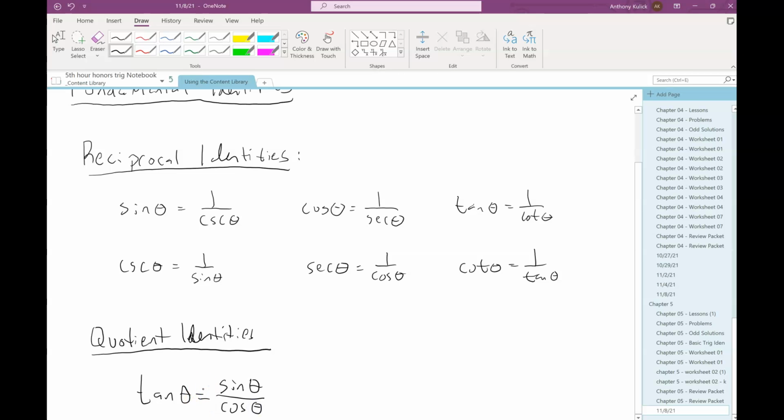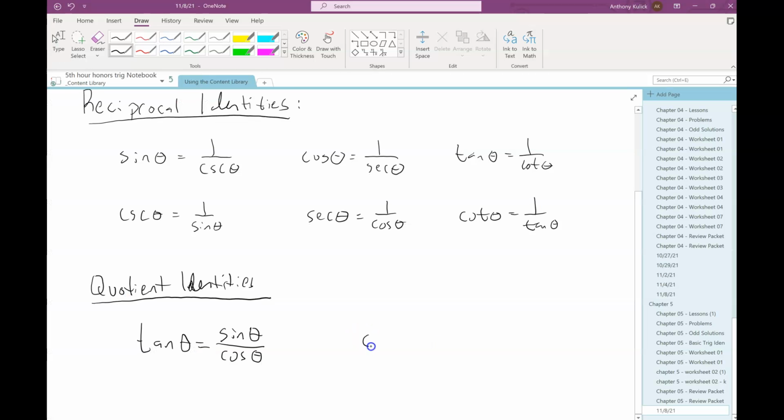And if cotangent is the reciprocal of tangent, cotangent has to be equal to cosine over sine. Everybody's okay with that?